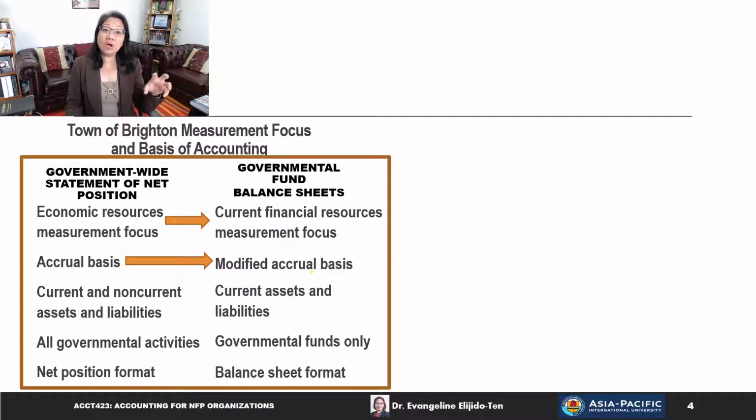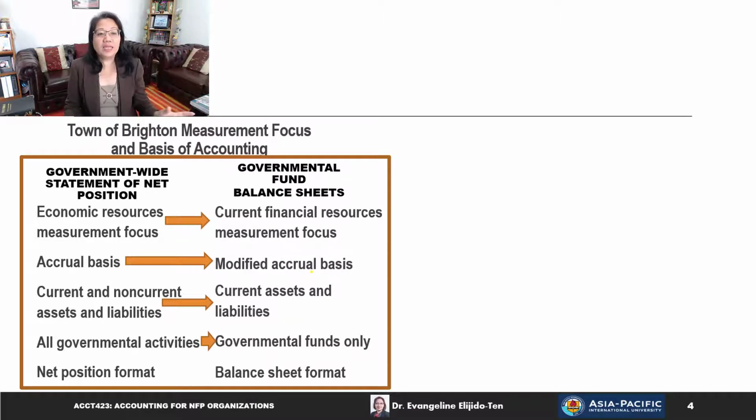In terms of the liabilities and assets covered, notice that government-wide considers both current and non-current assets and liabilities, but the fund level only considers and focuses on current assets and liabilities.